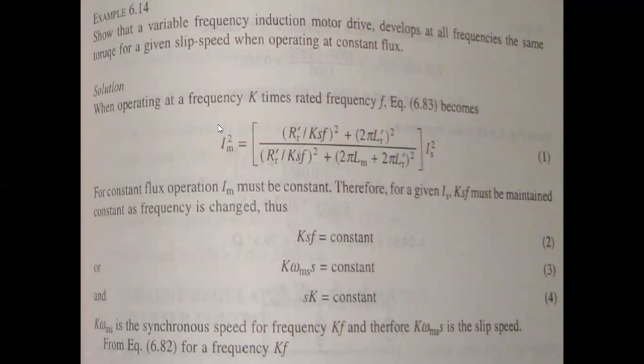Okay, so see here, when operating at a frequency k times the rated frequency f, the equation 8.83 before becomes Im square is equal to (r dash by ksf) whole square plus (2 pi lr dash) whole square, by (r dash by ksf) whole square plus (2 pi lm plus 2 pi lr dash) whole square, into is square. So here I am taking operation at constant flux.